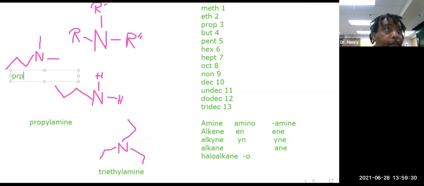Prop. So propane. And then a 1 carbon chain? Meth, and I have 2 of them? If I have 2 of them, how do I count 2 of them? 2 1 carbon chains. Dimethyl.